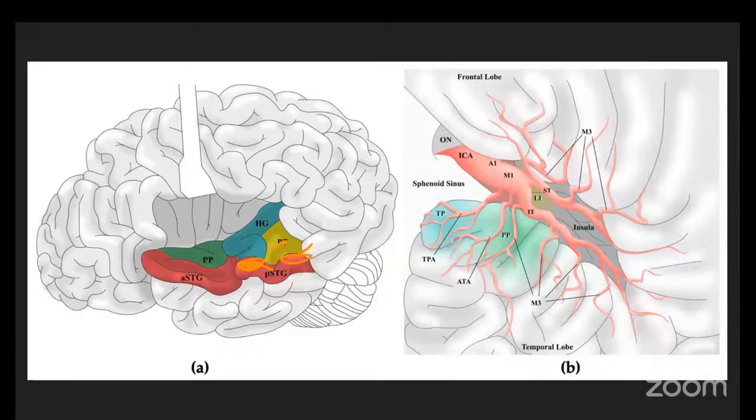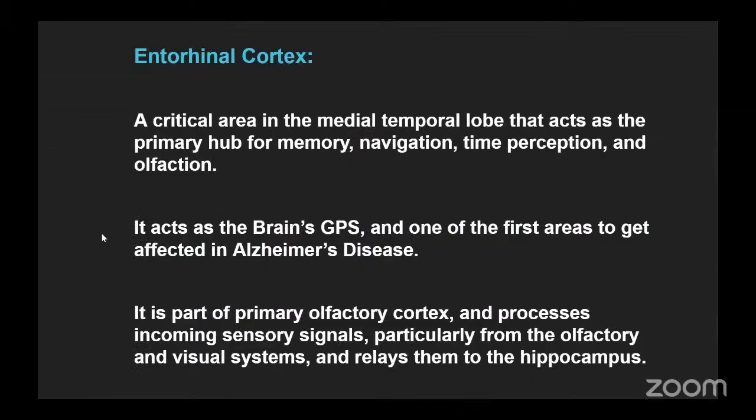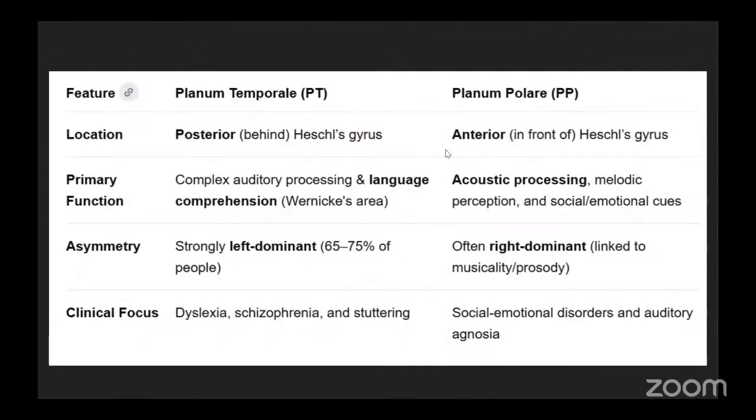So obviously planum temporal, any lesion, any injury here is going to affect the language comprehension. Then we have this strong left dominance in the planum temporal, which is not a feature of planum polar. And if there is any lesion here, then the patient can have dyslexia, schizophrenia, and stuttering.